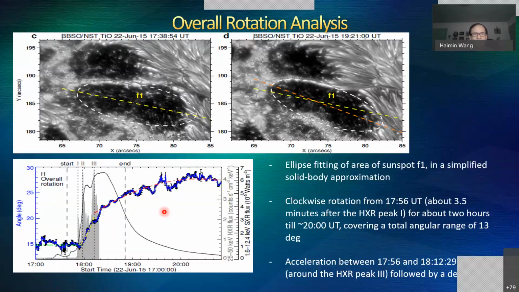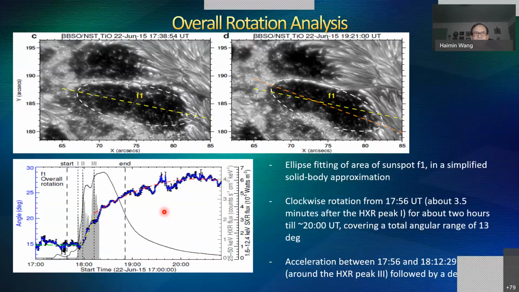Then in a previous study, we saw another kind of phenomenon. After the flare, the fields collapsed into the photosphere. That's a different story. That was done in our group by using the HMI data.